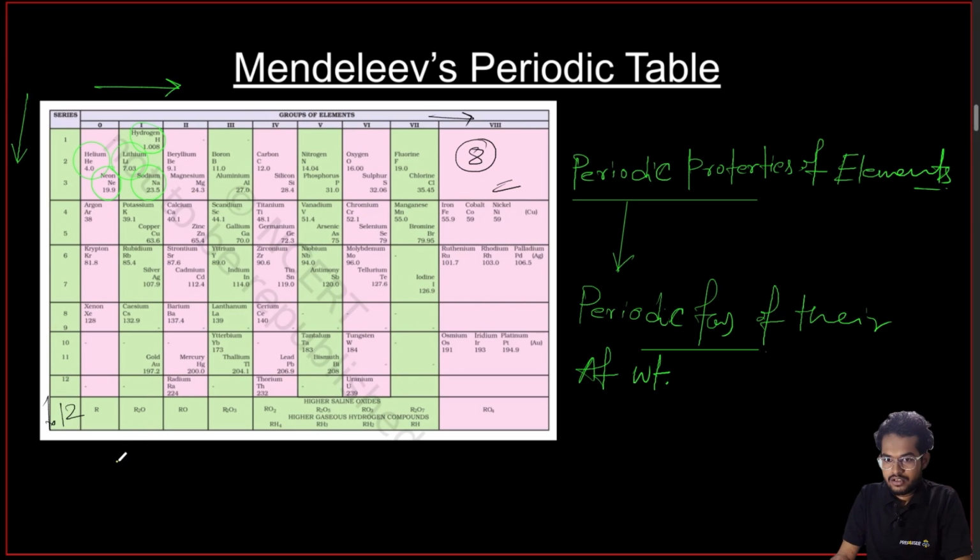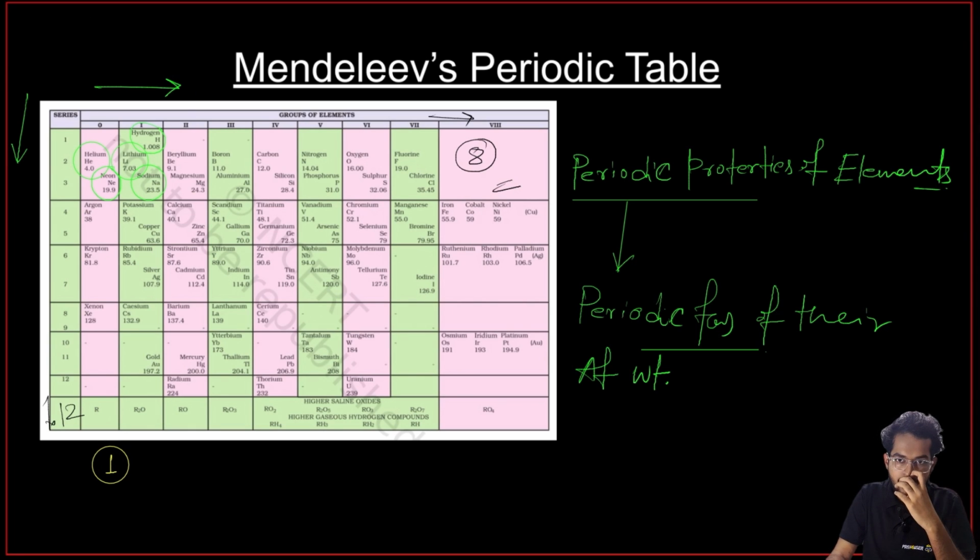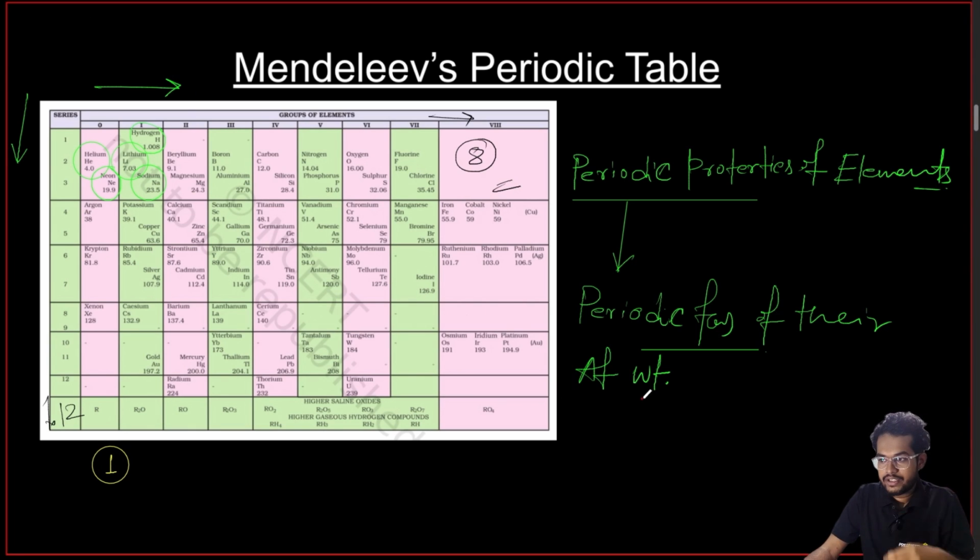The first thing, as you have already noticed, is that according to the law, it is the periodic function of atomic weight. That means the elements are placed here on the basis of atomic weight, right? But there are a few errors.